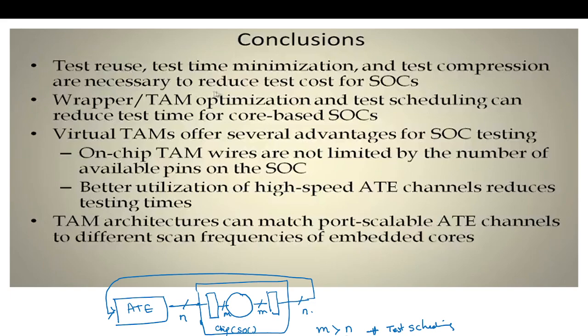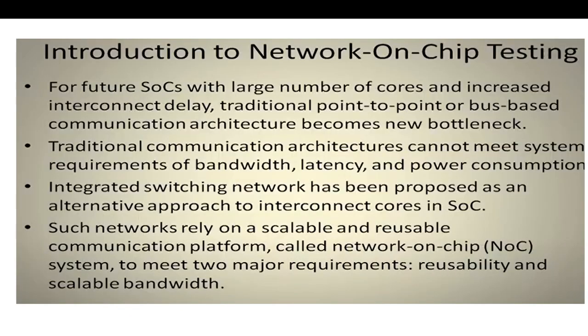Okay, with this, we will go to the next topic, network on chip. We have seen that we have a board when we were seeing the board level testing. We have one chip, say chip 1 and chip 2.